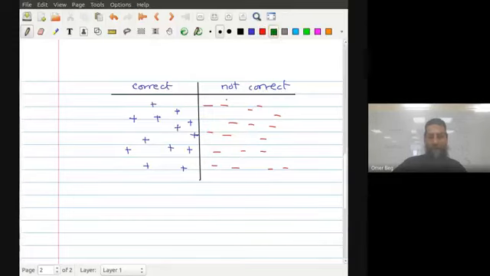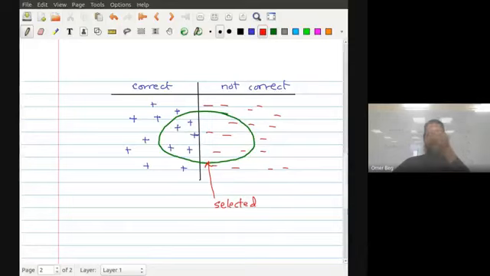Let's say you build a classifier that takes some samples, and this classifier classifies the samples within this oval as positive. So these are the selected samples.